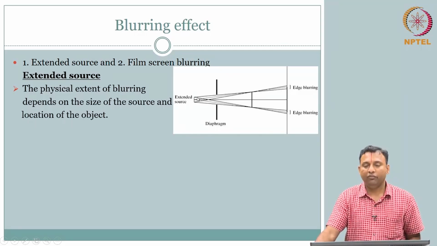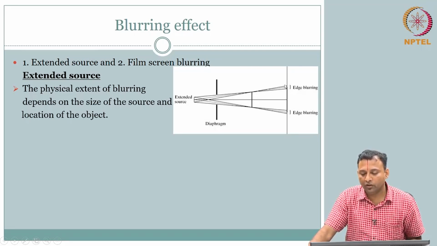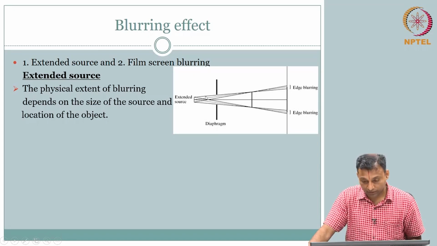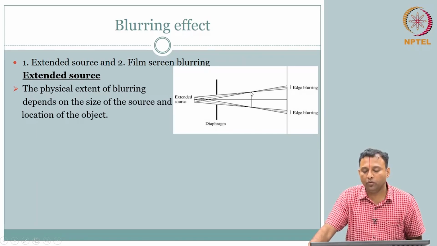Here you can see that the same edge is caught from here, or it is caught from here. So one edge is caught by the extended source. Instead of a ray emanating from a point being the only ray capturing the edge of this object, now you have the whole extended source, and all of these points go capture it.